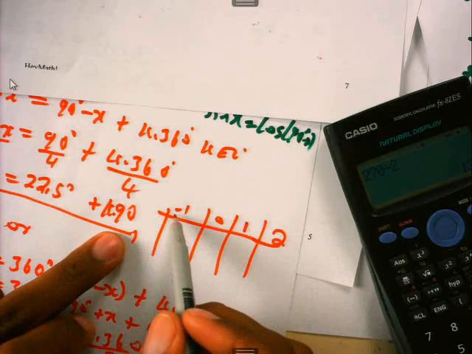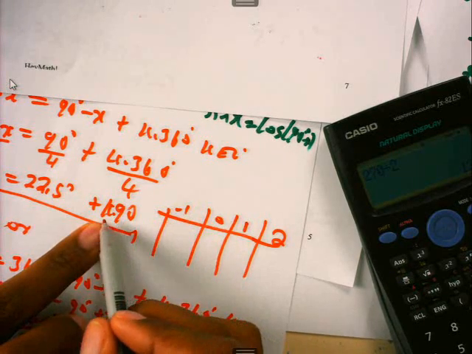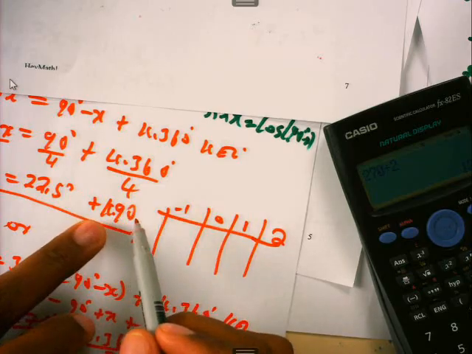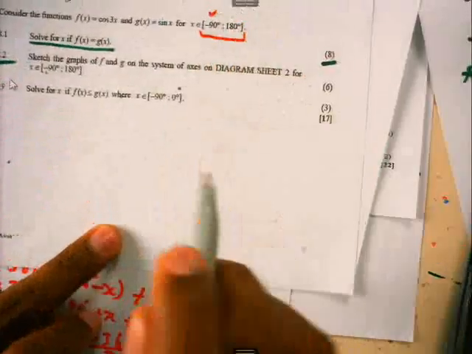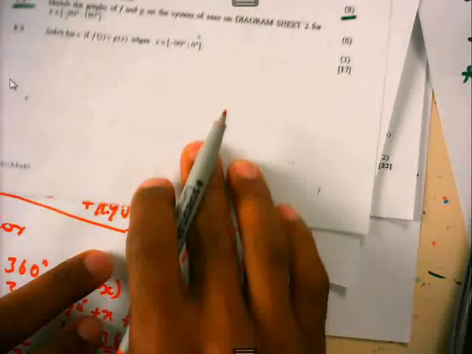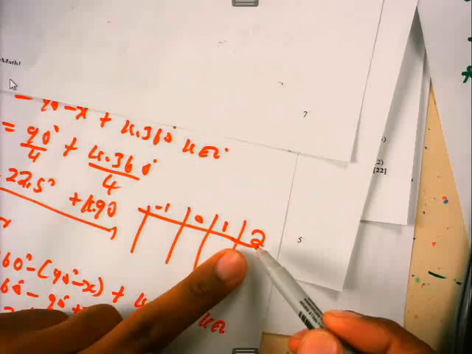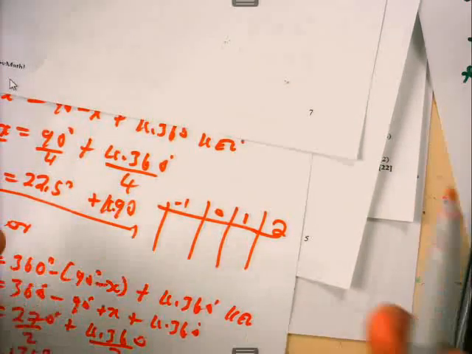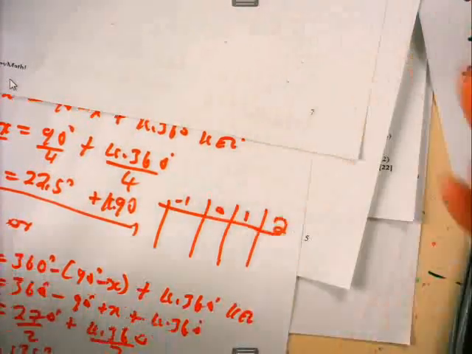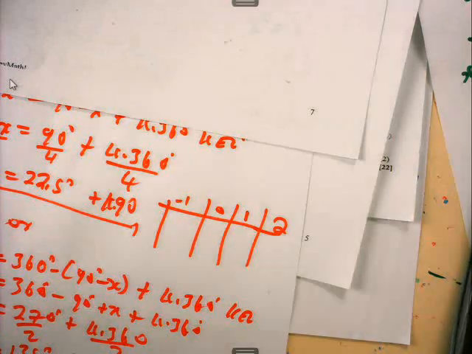Because when I replace k with -1, we have -1 times 90, that is -90, so we are covered there. And when I take 2 multiplied by 90, the answer is 180. Then I have covered the interval, minus 90 to 180.